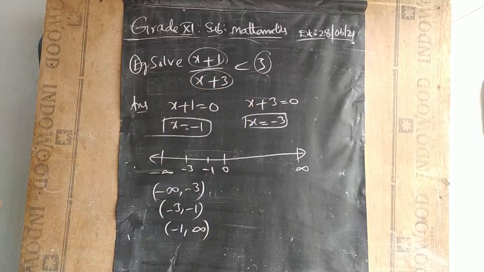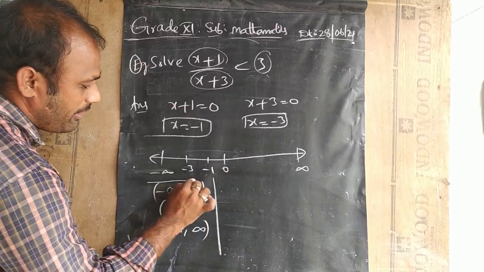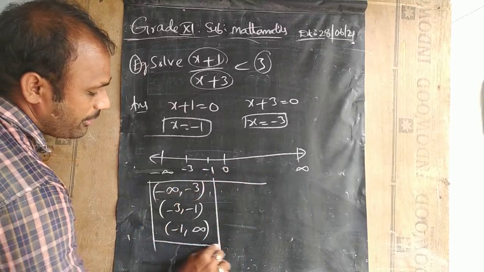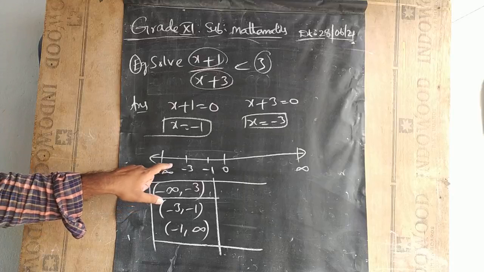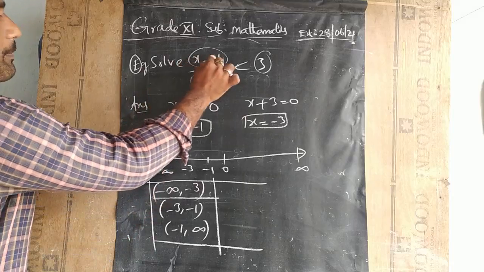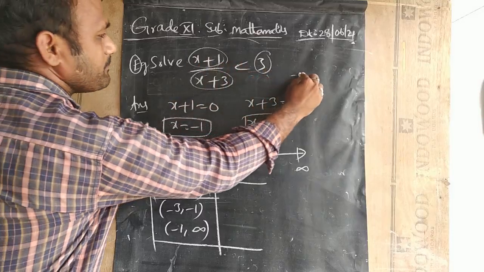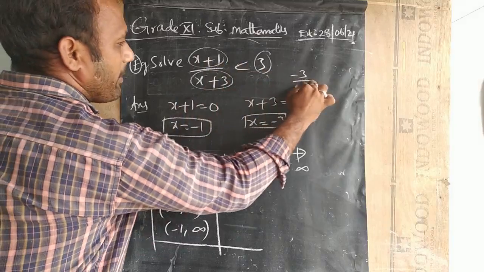Let us see. First, if I take any value between minus infinity and minus 3, say minus 4, what will be my answer here? Minus 4 plus 1 is minus 3, and minus 4 plus 3 is minus 1.